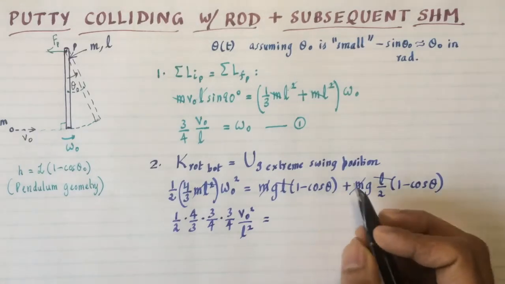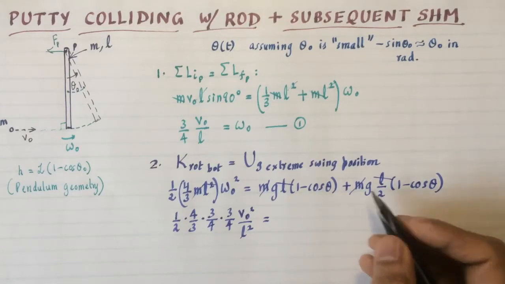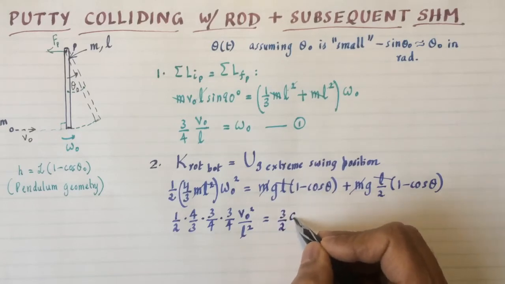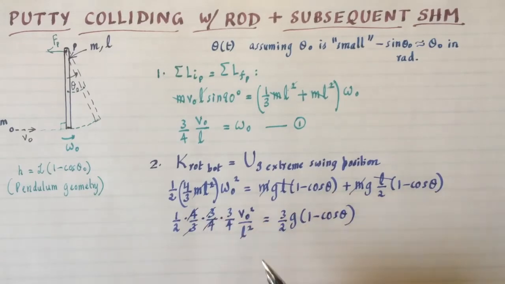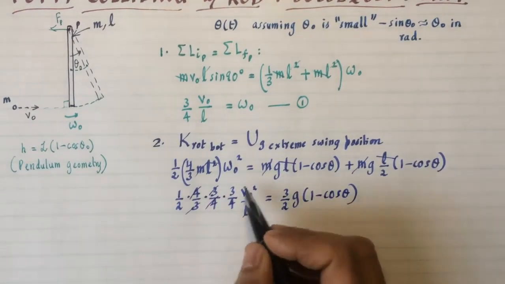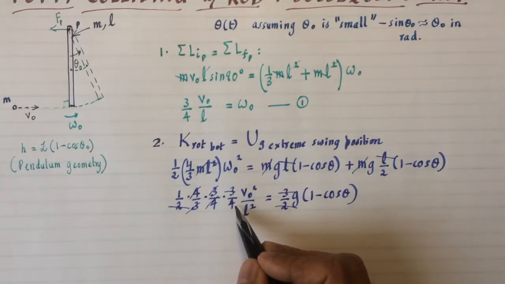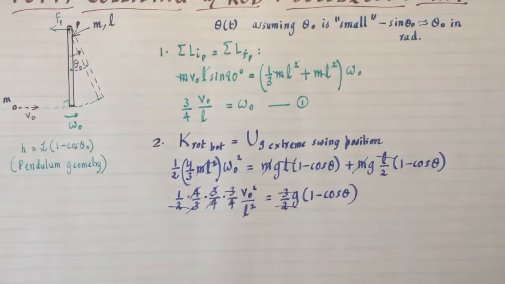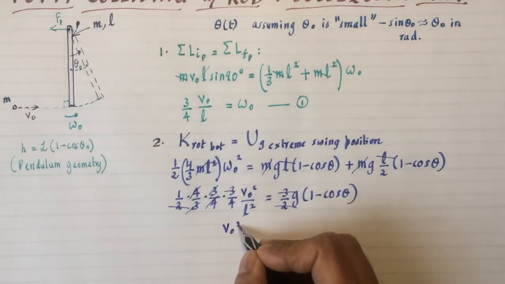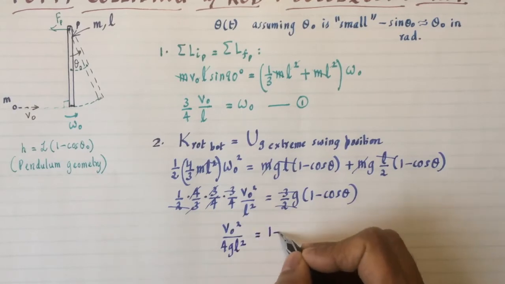And on this side, I have g plus g over 2, which is 3/2 g times 1 minus cosine theta. You can see that I'm left now with very little. That does not cancel out. I just have a 4 down there if I did everything right. Let me just make sure. Yeah, looks like I did everything right. So I have v naught squared over 4 L g equals 1 minus cosine theta.